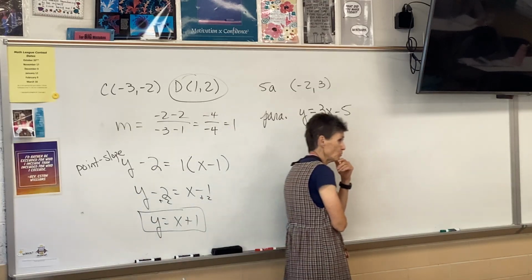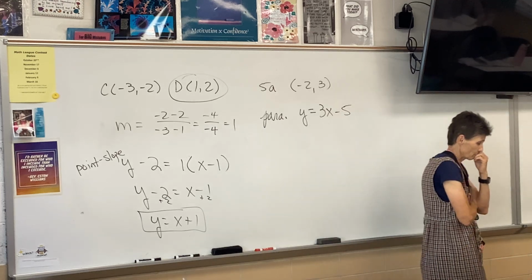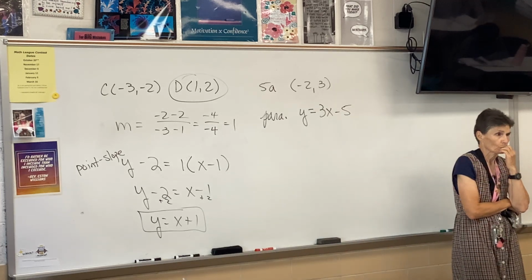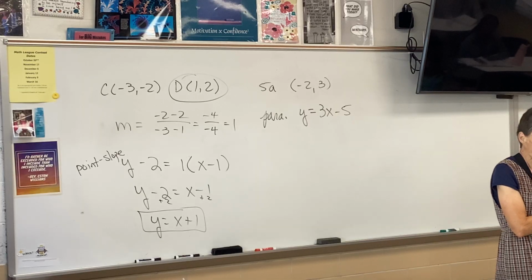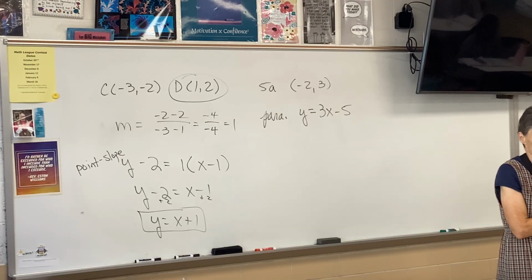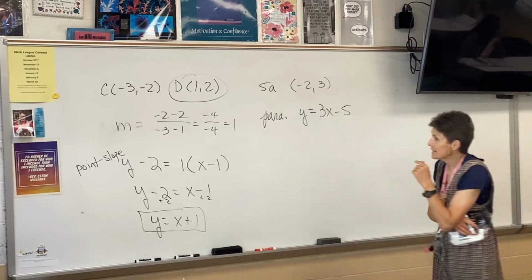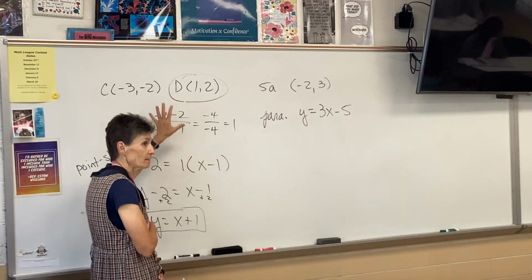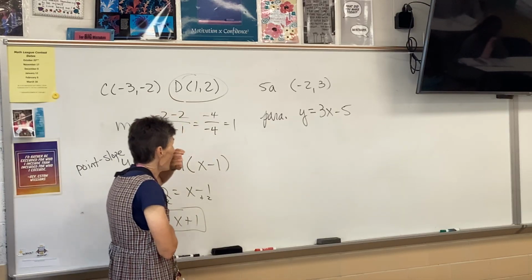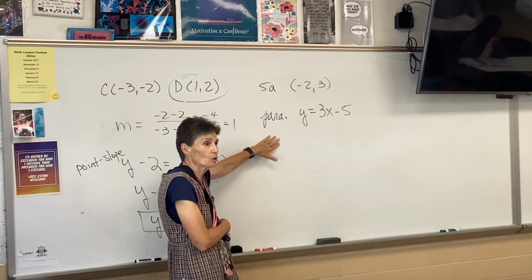They didn't give me 2 points. In order to write the equation of a line, you have to have the slope. You can't do it if you don't know the slope. And we have been finding the slope using our 2 points, right? How are we going to find the slope here?